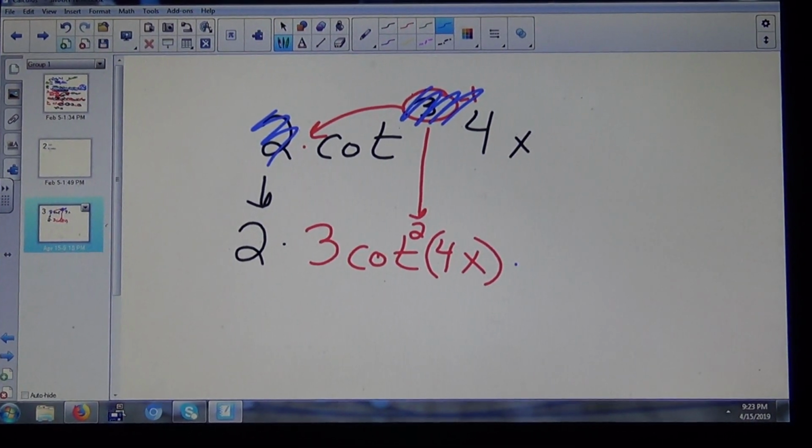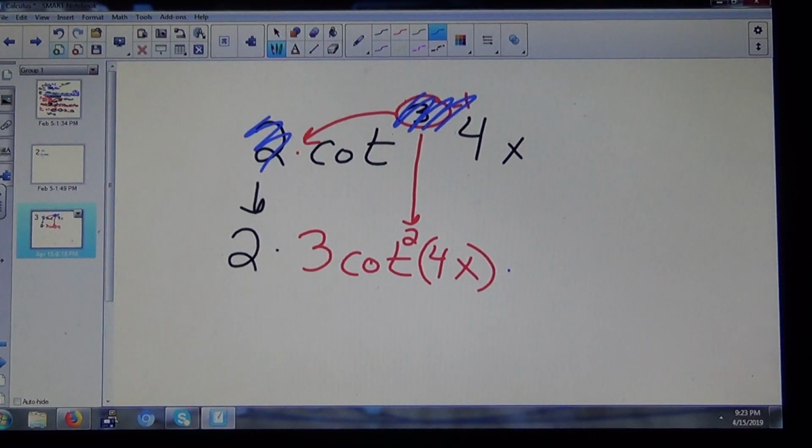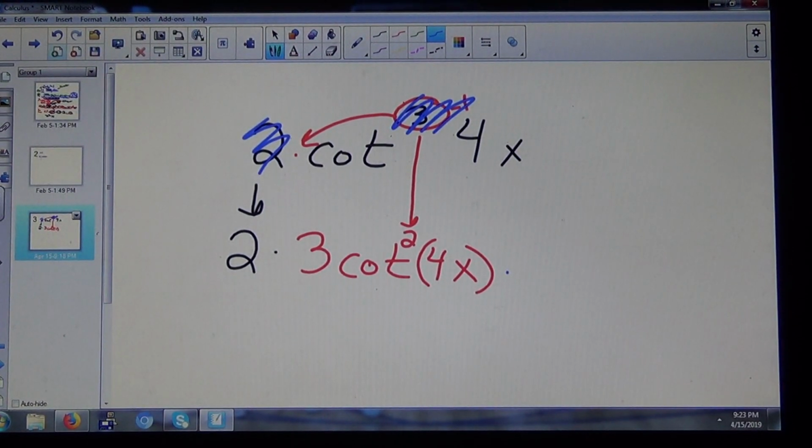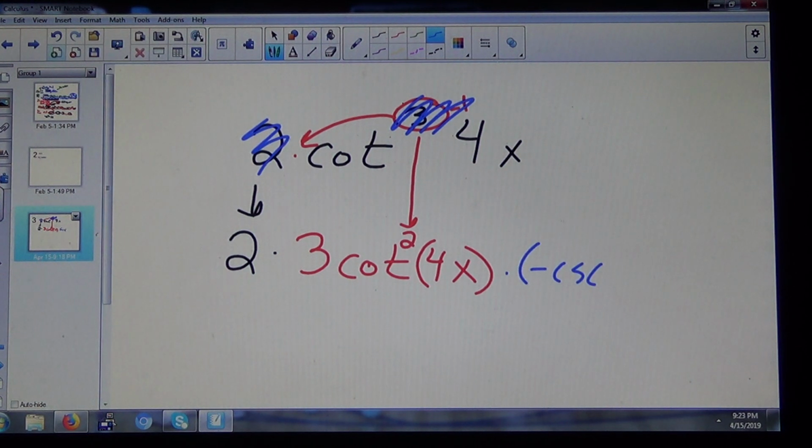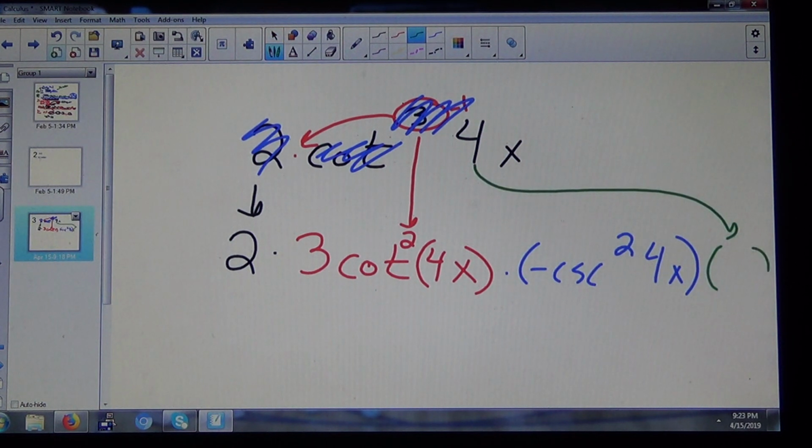There. Okay, so my derivative of cotangent is negative cosecant squared of x, and my x here is still 4x because I haven't done anything with that. Okay, and the cotangent is done. And then what have I not done the derivative of yet? The derivative of 4x would be 4.